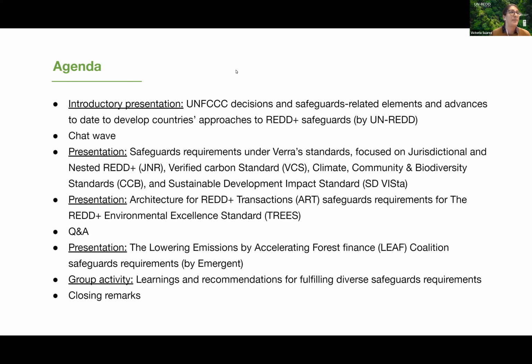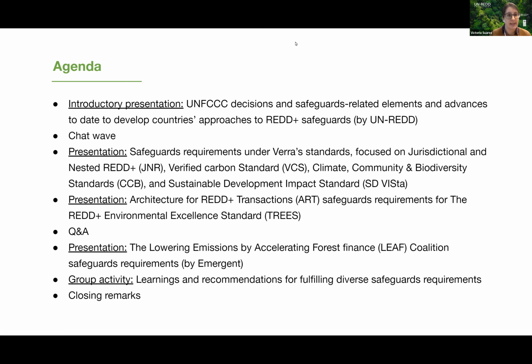So in this evolving climate change environment for REDD+, in addition to UNFCCC requirements, there is a growing number and maybe new initiatives and funders, and they may have their own requirements or specific needs of information.